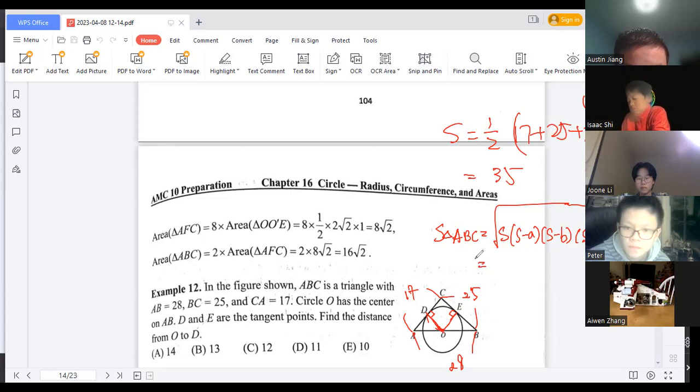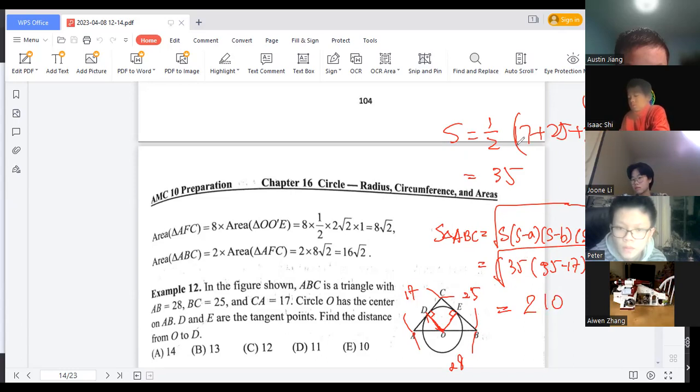So basically the area of ABC is the square root of 35 times (35 minus 17) times (35 minus 25) times (35 minus 28). All right, everybody? So the area equals 210.